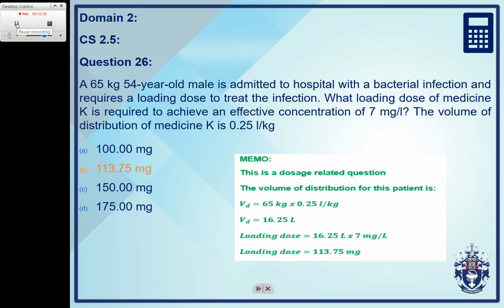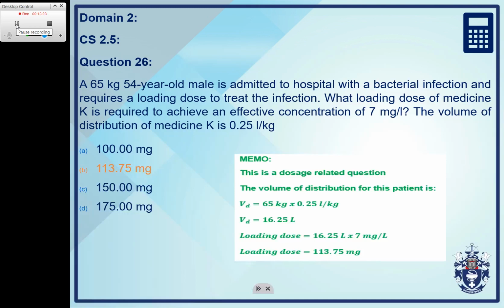In approaching this calculation, you will notice that this is a dosage-related question, and the volume of distribution needs to be calculated from what is given in terms of the information. You will note that the volume of distribution for medicine K is 0.25 liters per kilogram.